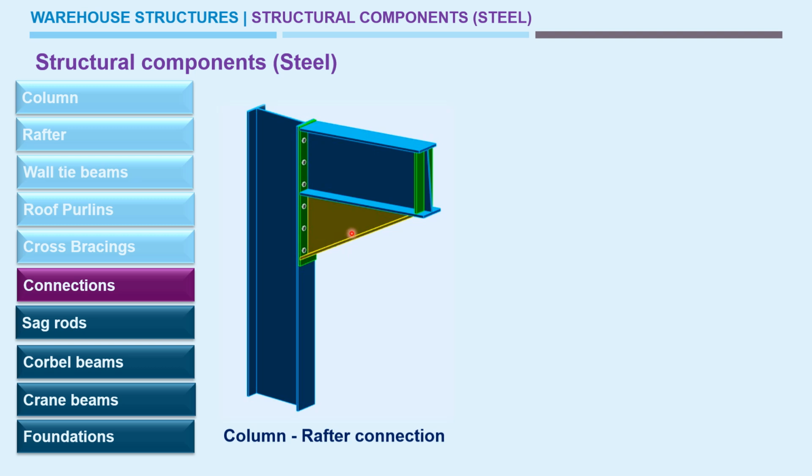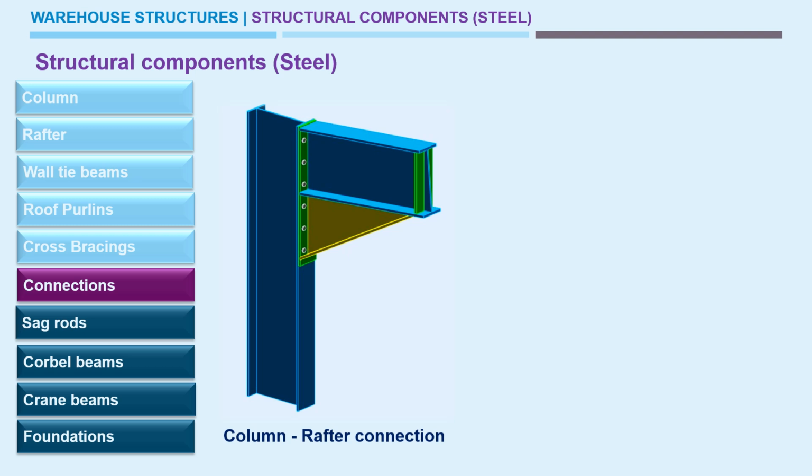Sometimes, due to the higher span of the rafter, a haunch portion is required, which is in golden color. The purpose of these haunches is to transfer the exact moment from the rafter to the column by distribution over a higher area.